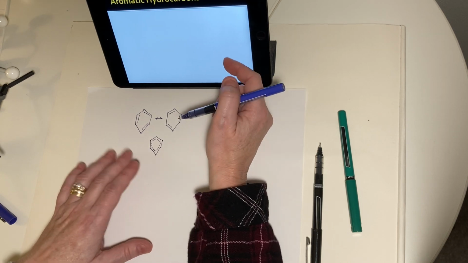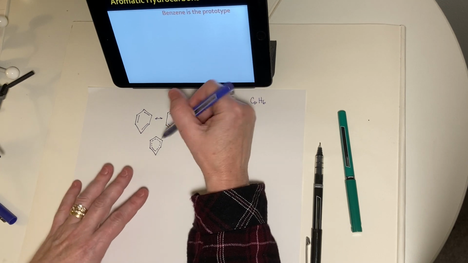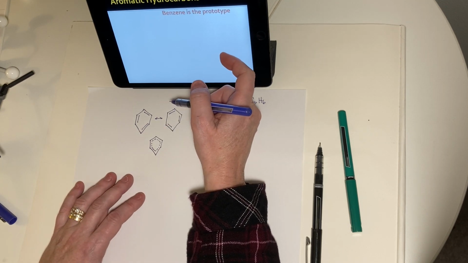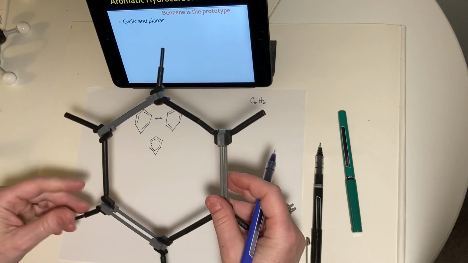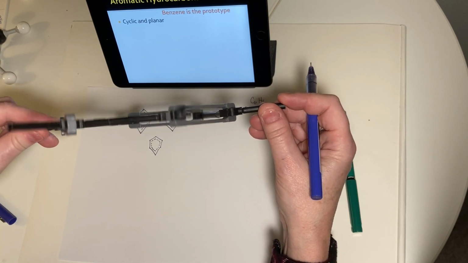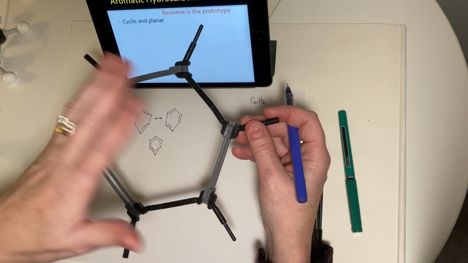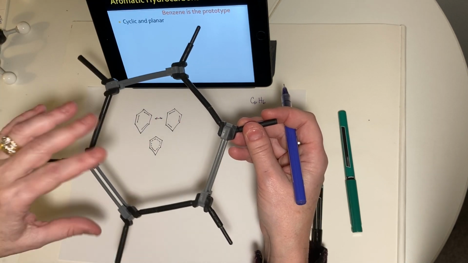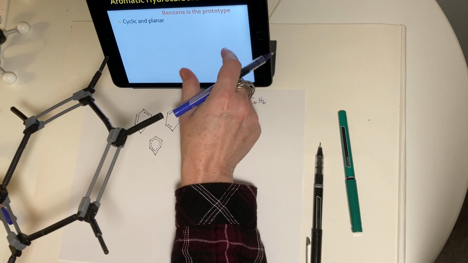All right, so aromatic hydrocarbons as a class really have some sort of benzene ring involved. Benzene is the prototype. It's a cyclic hydrocarbon, and it's also planar. Look at that. Unlike cyclohexane, which has all kinds of tetrahedral centers and has some maneuverability, this thing's pretty rigid, and it's all in a plane.